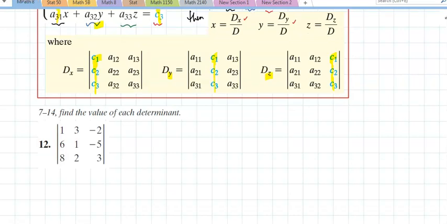If you remember, we talked about the determinant of a matrix, and we said you always take the 1, and you cross its row and column, and you're left with 3 minus a negative, which is plus 10.